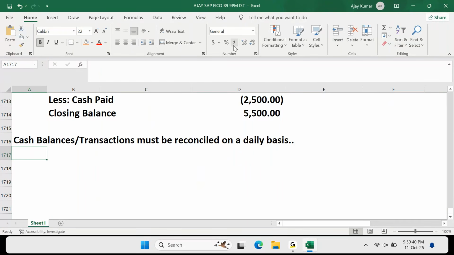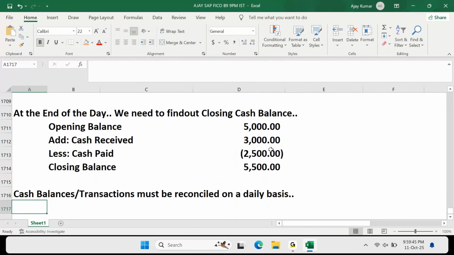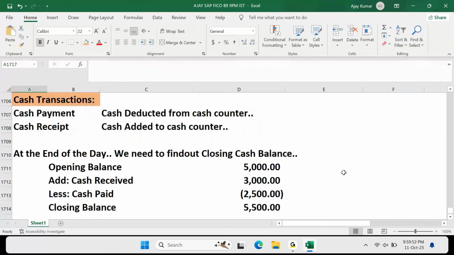Clear or not? Yes, sir. You need to ensure cash transactions must be reconciled on a daily basis. So far on this cash, clear or not clear?